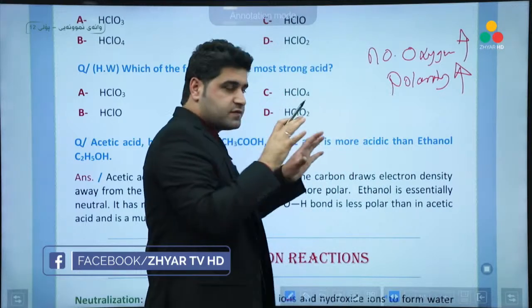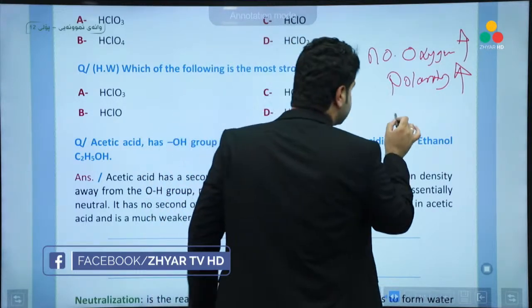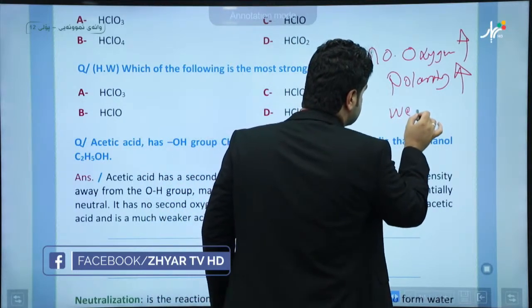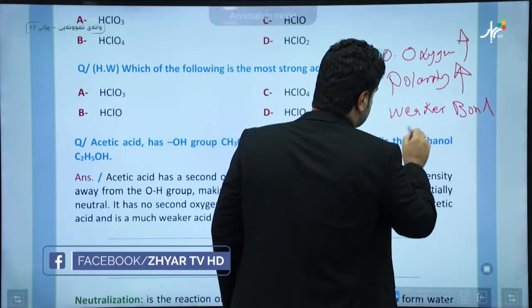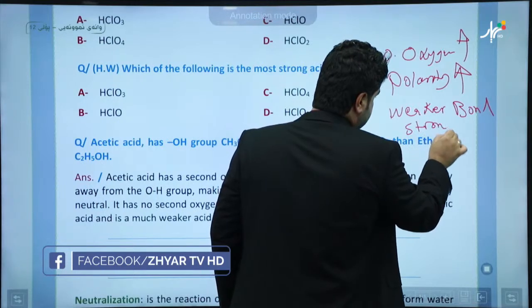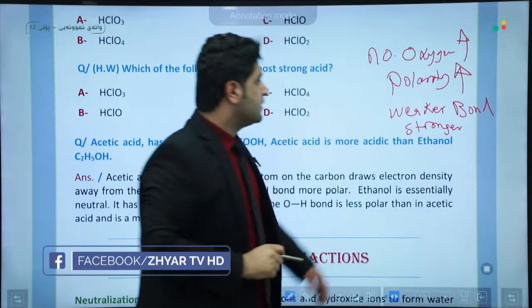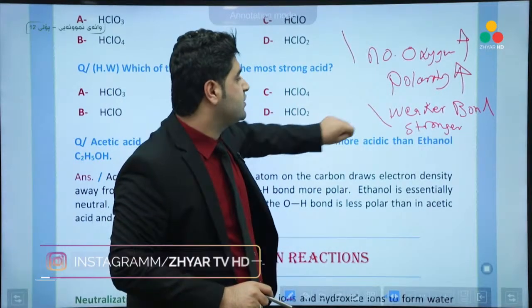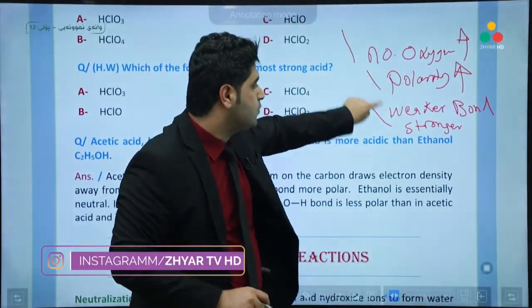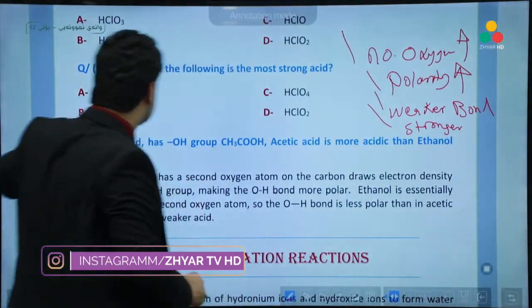So the bond strength between O and H is weaker, stronger acid. Now, if we get more oxygen number, we get stronger acid. Why? Because we get more polarity, weaker bond. So that's the consequence.